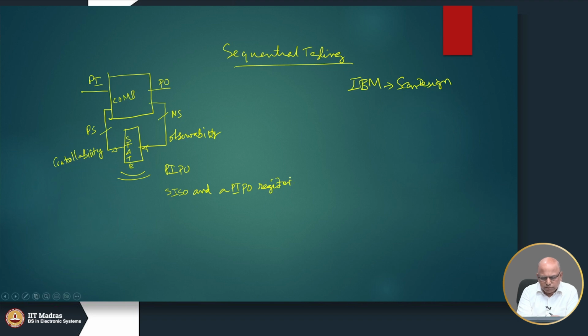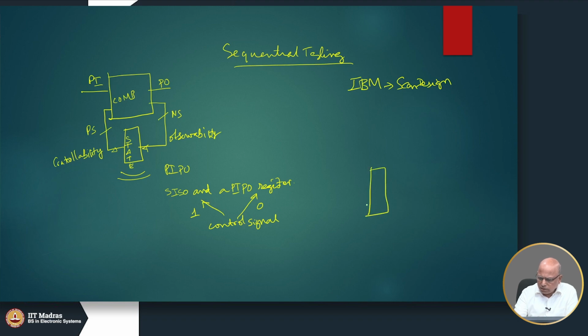In other words, there is a control signal. If that control signal is 0, it acts as a parallel in parallel out register. If the control signal is 1, it acts as a serial in serial out register. So, let us redesign it like that.